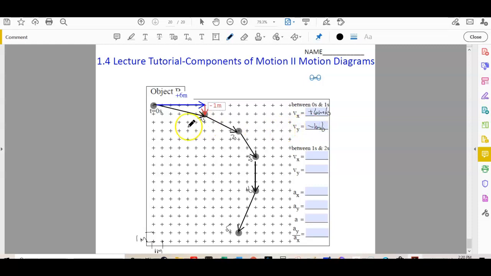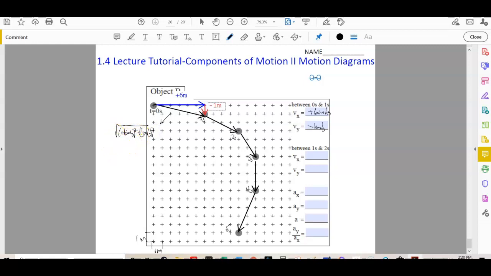Okay? And so overall, what you could say is that its overall speed is going to be the square root of 6 meters per second squared plus 1 meter per second squared. And that would be, what is that, 36 plus 1?